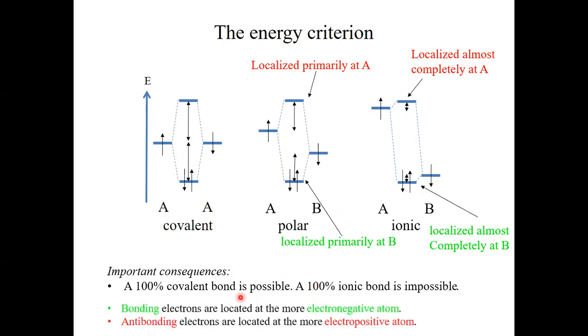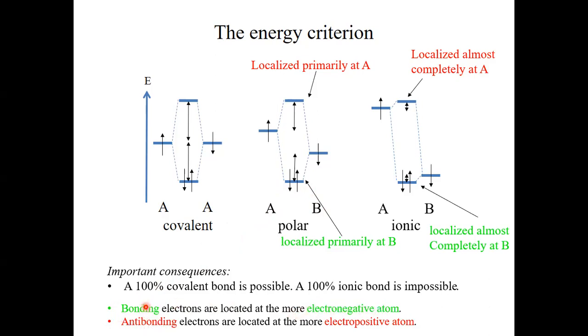Now, when you have a covalent bond formed this way, as we just described it, between two atoms A and B, and these atoms have different electronegativity, then that means that the bonding electrons are always located at the more electronegative atom.